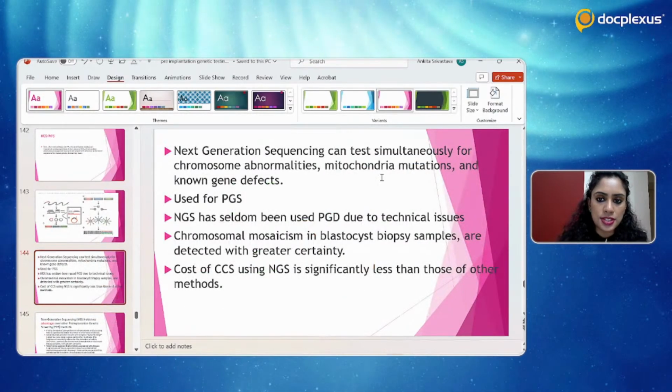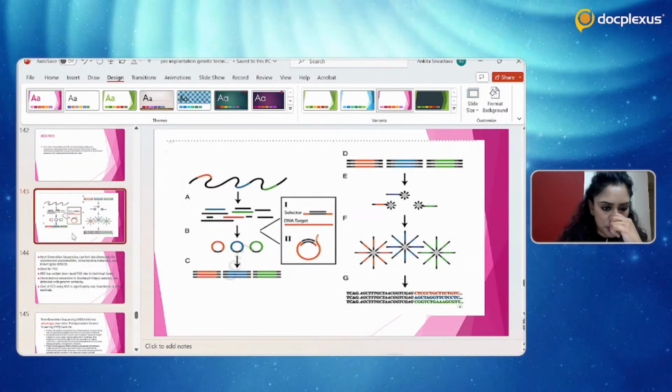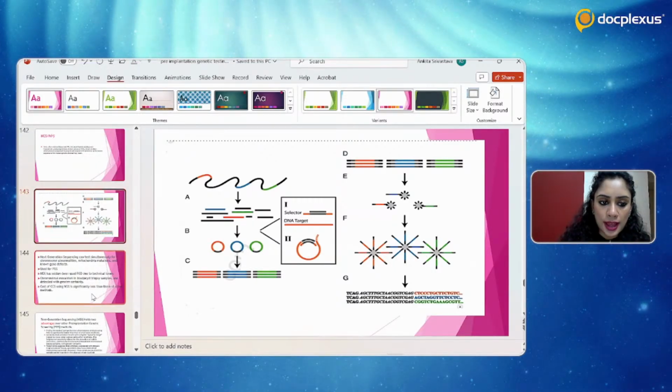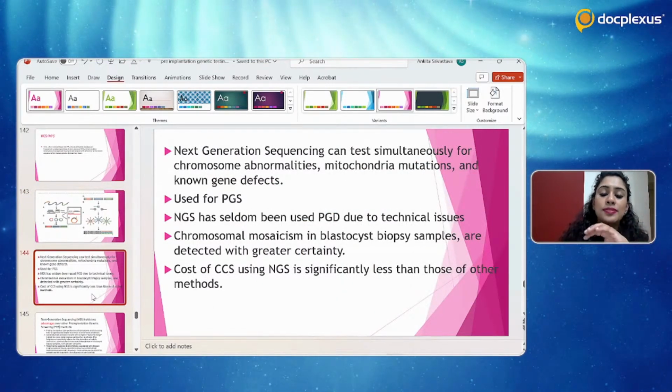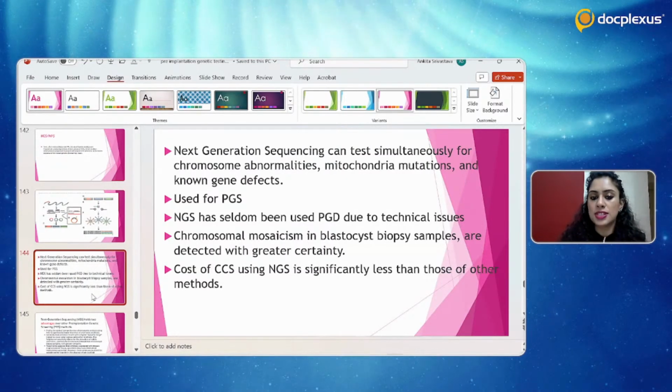See, next generation sequencing will be able to simultaneously check for many chromosomal abnormalities, known defects, as well as mitochondrial mutations, okay? And here you can see that the chromosomal mosaicism in the blastocyst biopsy samples is detected with greater certainty, and the cost of CCS using NGS is also significantly lesser.